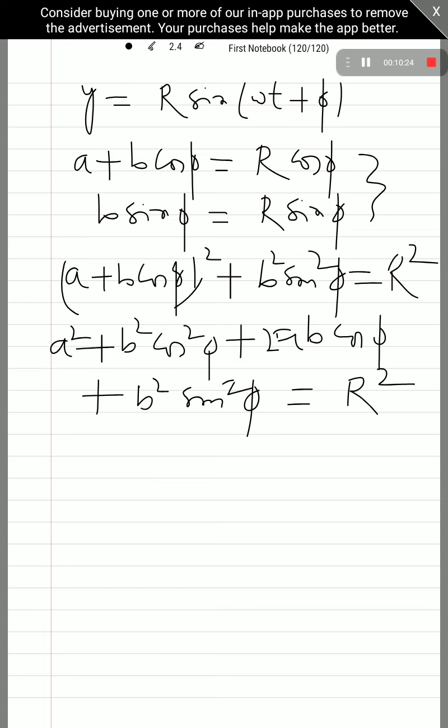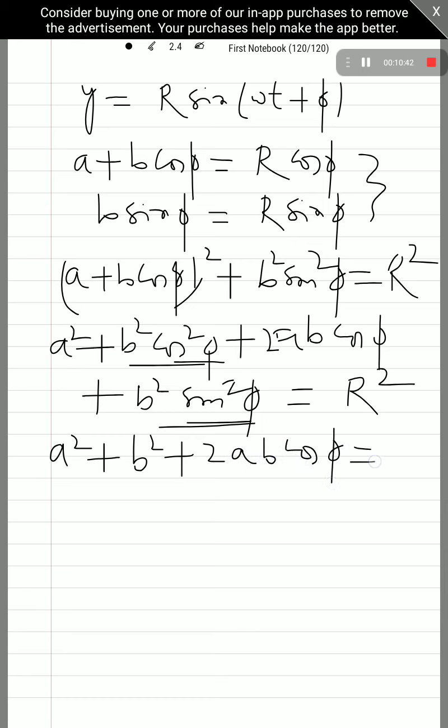In this expression, if I add these two quantities, it will become A square plus B square, because cos square plus sin square equals 1, plus 2 times AB cos phi. This is equal to R square. So this is the expression for R square.